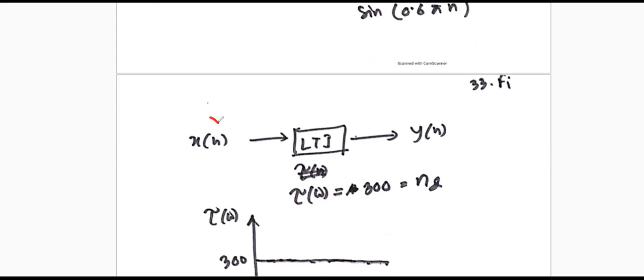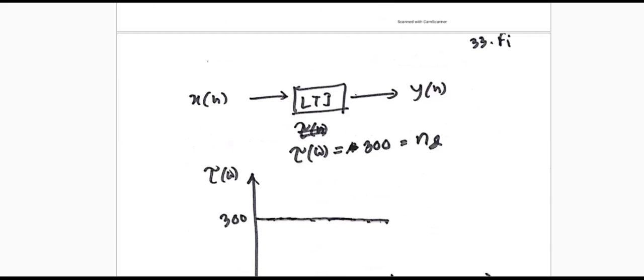Let's say this x[n] is passing through this LTI system, which is a filter. Of course, all the LTI systems are filters, and it has been given that the group delay is equal to 300, that means 300 samples.